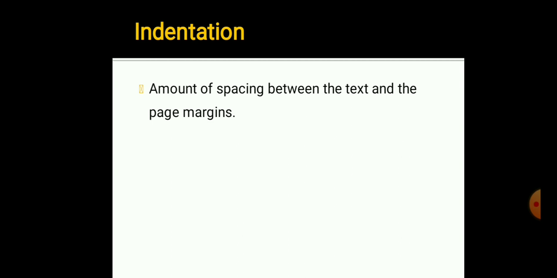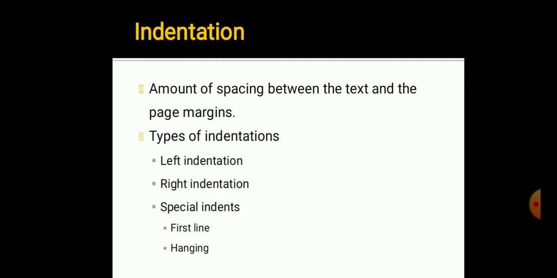We have three types of indentation: left indentation, right indentation, special indents. Under special we are going to see two kinds of indentations: first line and hanging. So let us see one by one.